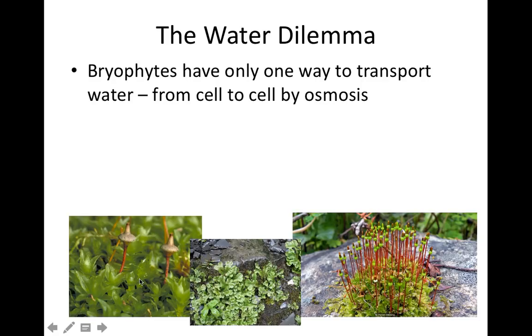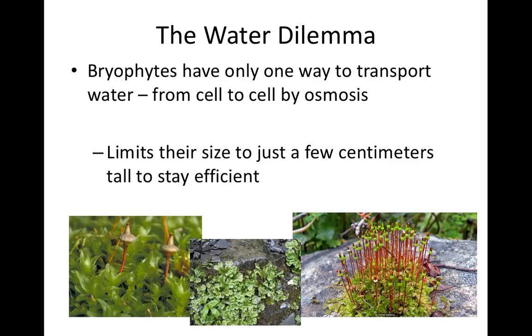They don't really have a vascular system, so these plants have to rely on having the majority of the plant very near water so that water can go into the plant by osmosis from cell to cell. The problem is that, because of this reliance on osmosis, these plants can't grow too far from the ground. They have to limit their size to just a few centimeters.